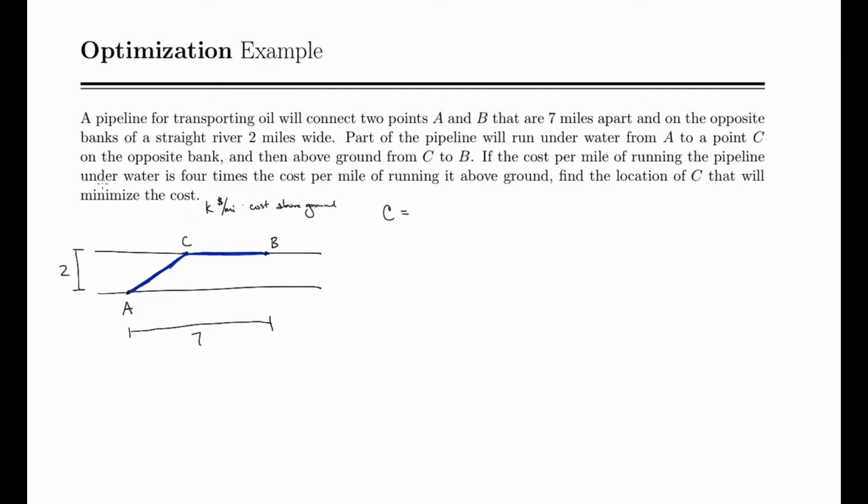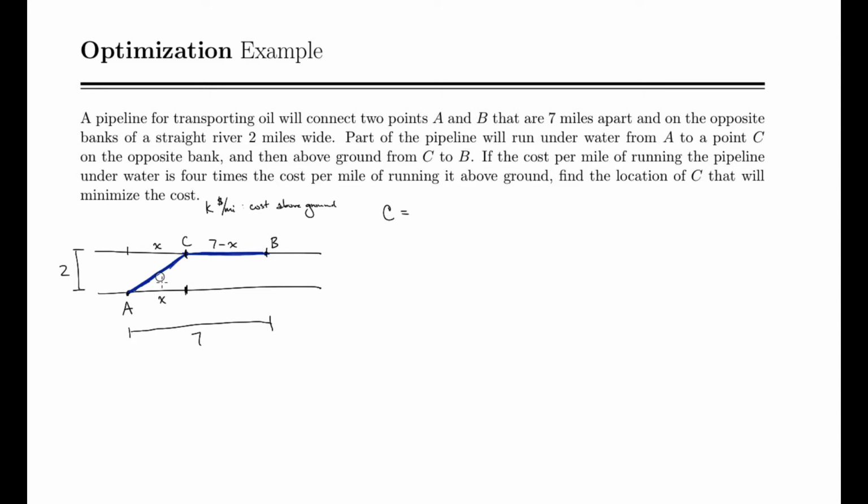And then of course underwater is 4 times that, so 4K. So the cost from C to B, we'll call that distance 7 minus x, and then we'll call the distance from A to there x.